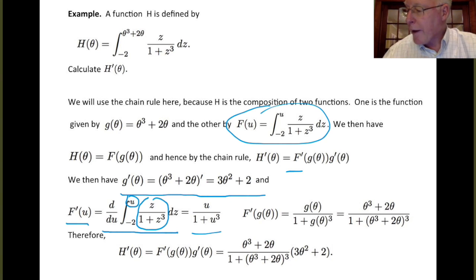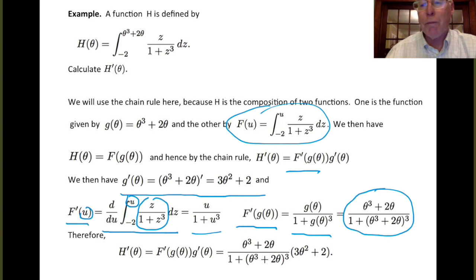Now, we want f prime of g of theta here. So f prime of g of theta, now that we know what f prime is, replace the u by g of theta, is going to give us g of theta over 1 plus g of theta cubed. And then if I replace the g of theta by what it is equal to, that's theta cubed plus 2 theta over 1 plus theta cubed plus 2 theta, all cubed.